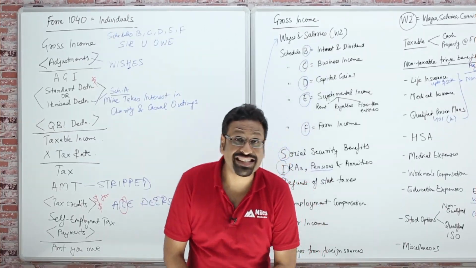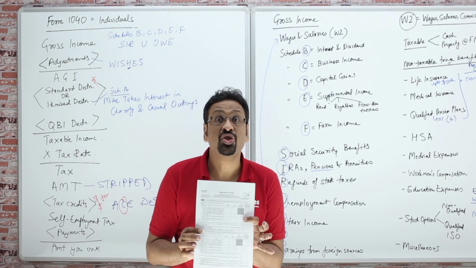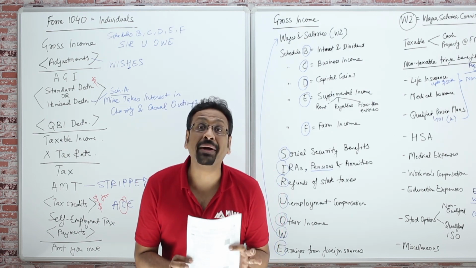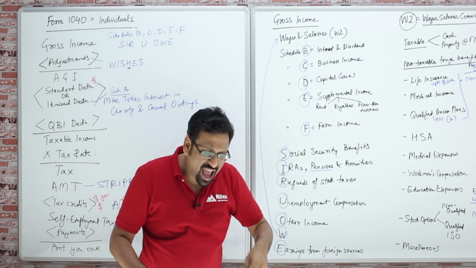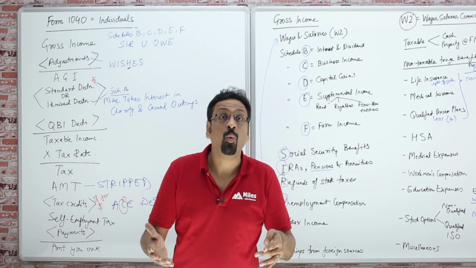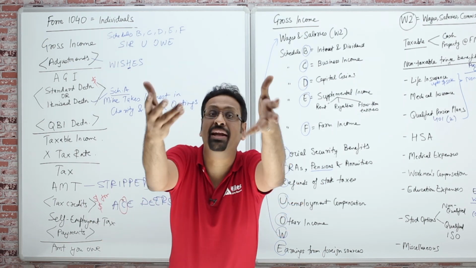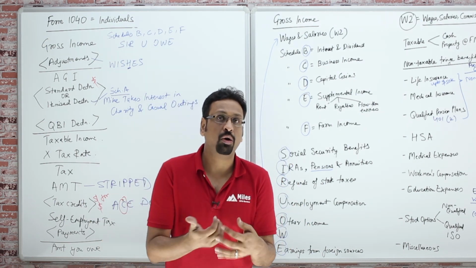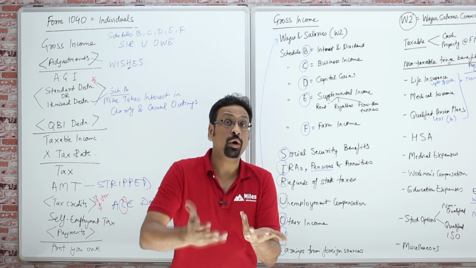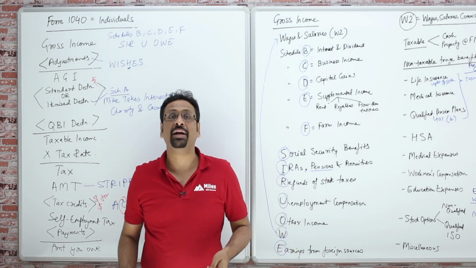Let's now look at Schedule D, which is your schedule for capital gains and losses. Now, you're going to have a capital gain or loss when you're selling a capital asset. So let's say an investment in stock or a bond is a capital asset, or your house property, that's a capital asset.